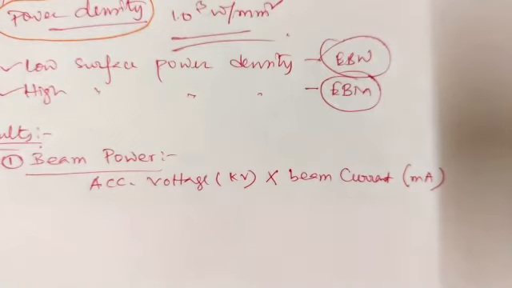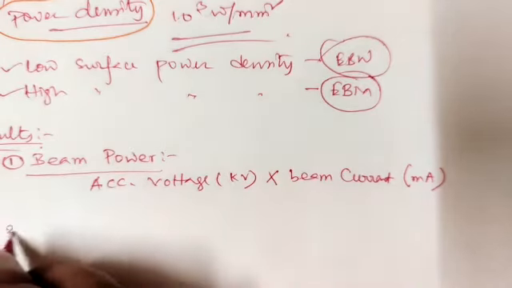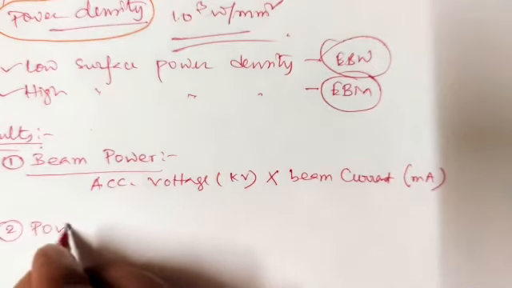I already discussed this in the last class. All this can be easily measured with precise controllers. The power is controlled by the beam current at a constant accelerating voltage, usually the highest which is accessible. Second is power density.